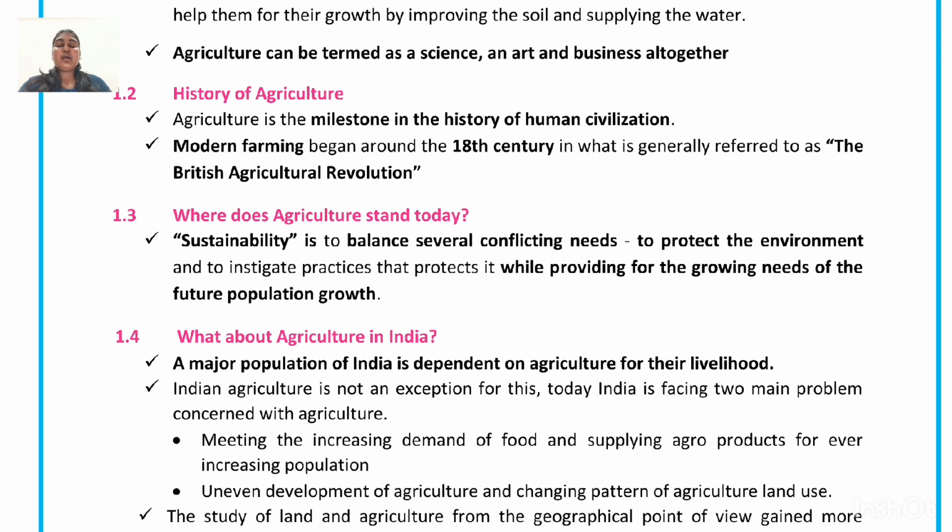That is why we are moving towards modern agriculture, where we take care of the resources that we have, and meet our requirement while taking care of the needs of future generations.